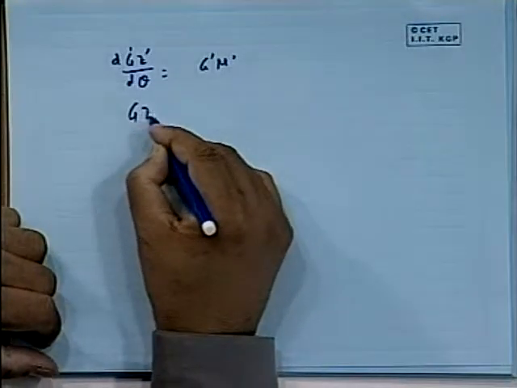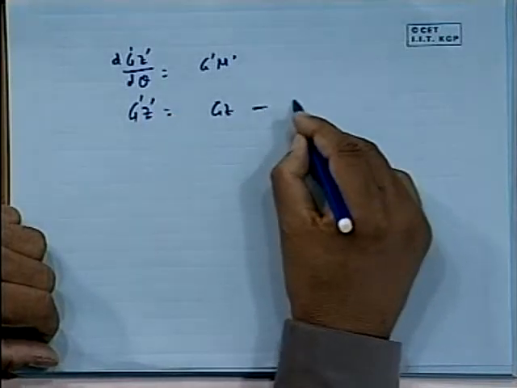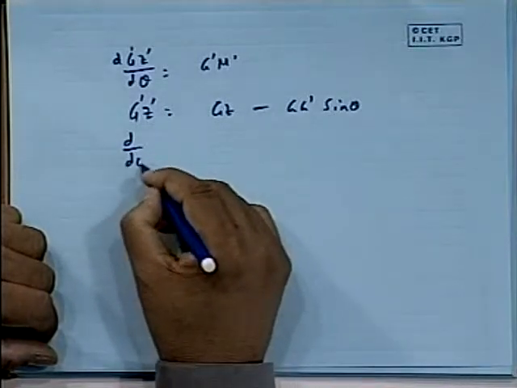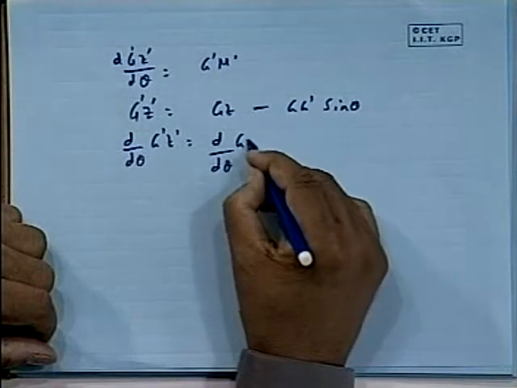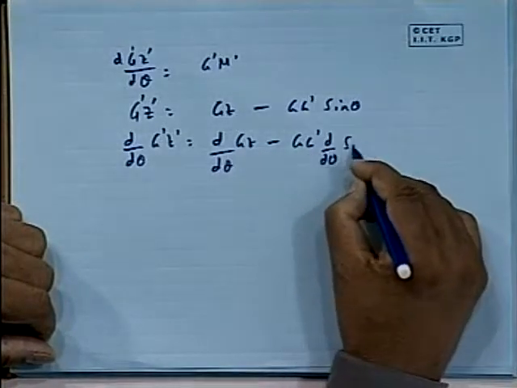Now G dash Z is GZ minus GG1 sin theta, so d by d theta of G dash Z becomes d by d theta of GZ minus GG dash d by d theta of sin theta.